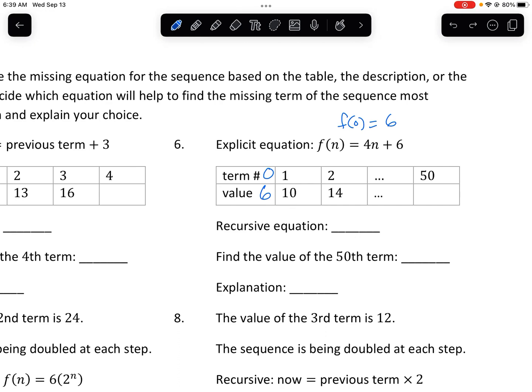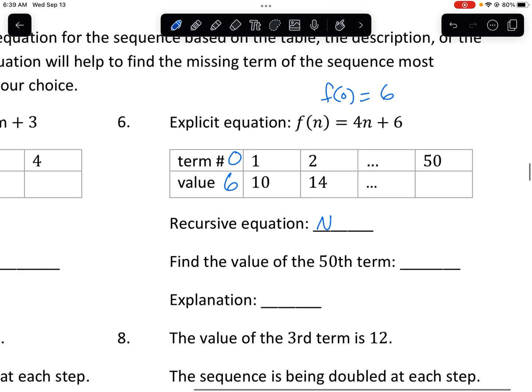So let's add 4, add 4, add 4. So our recursive function is going to be, the now term, or the term we're on now, is going to equal the previous one plus 4. It's just adding 4 each time in this sequence.